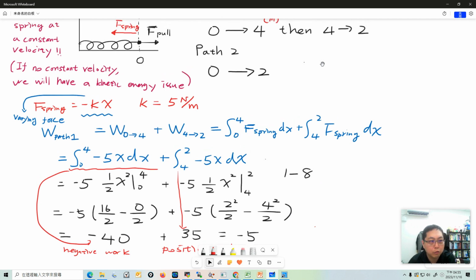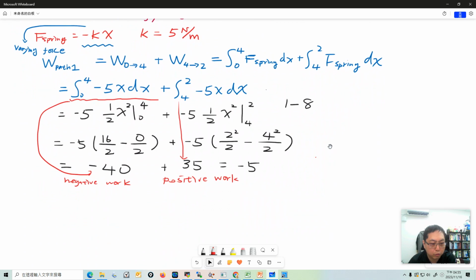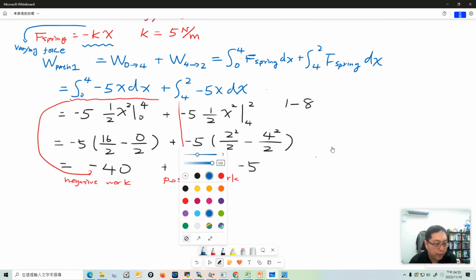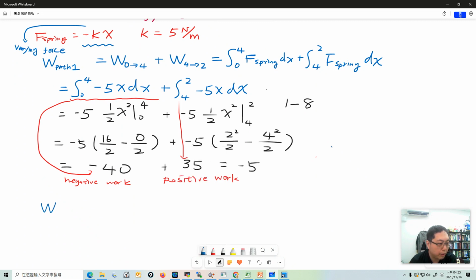What about path two? Path two is just pulling the spring from the equilibrium position 0 to +2. So it becomes very straightforward.